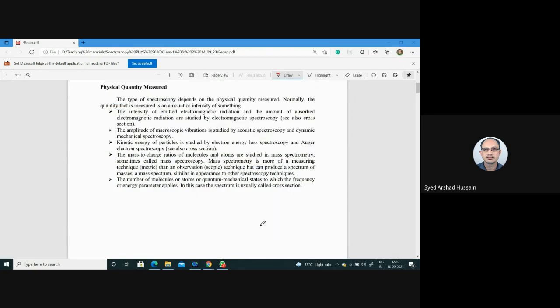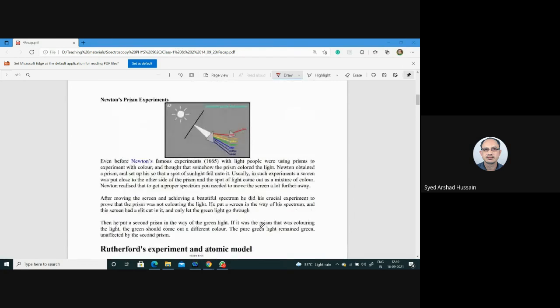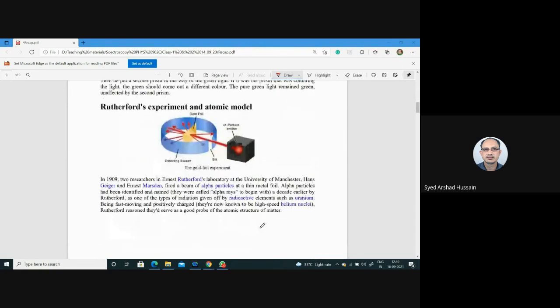In our case here, we are mainly interested in atomic spectroscopy. Atomic spectroscopy means we allow electromagnetic radiations to interact with the atoms of the material to have an idea about the atomic structure.